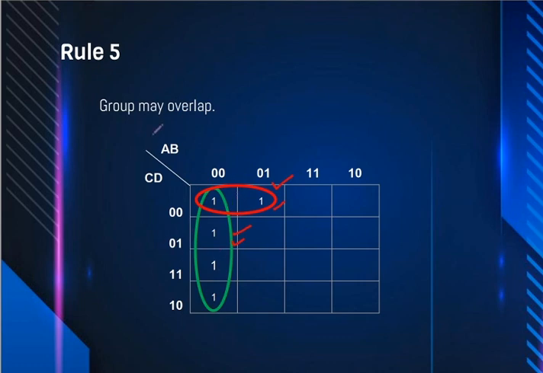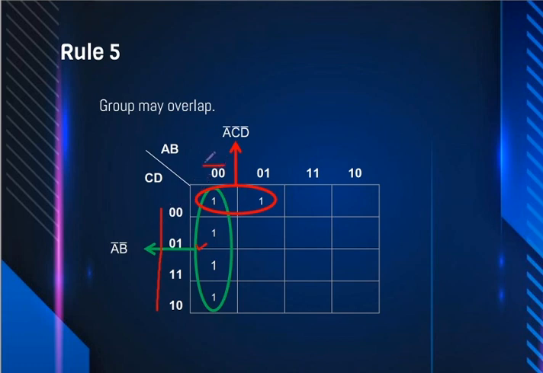So what is the next point? Okay, we'll make the equation for these 2 groups. What is the equation from this first group? We'll take these 2, A, B, and this C, D. What is common for this?